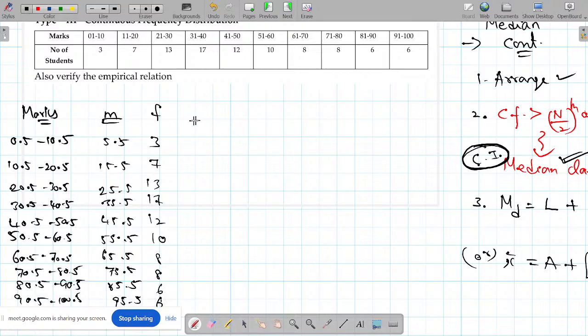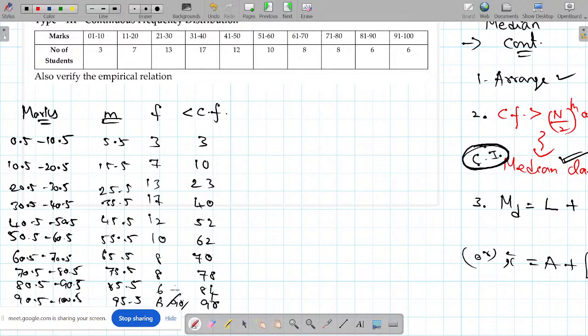Usually you go for cumulative frequency. So what is the cumulative frequency? Usually when we say cumulative, it's the less than cumulative frequency only. So 3, 10, 23, 40, 52, 62, 70, 78, 84, 90. You have to get the total frequency 90.